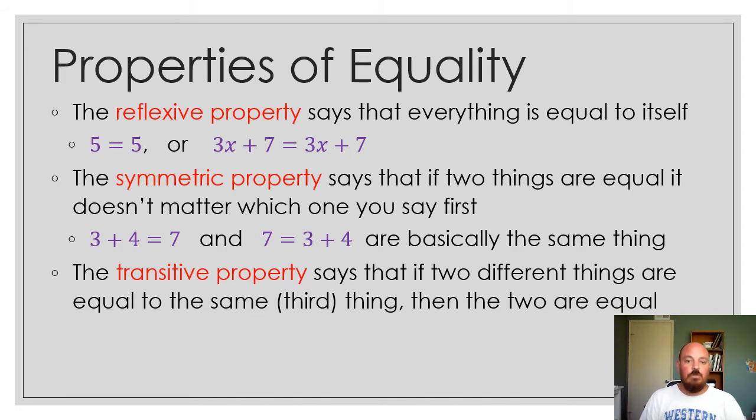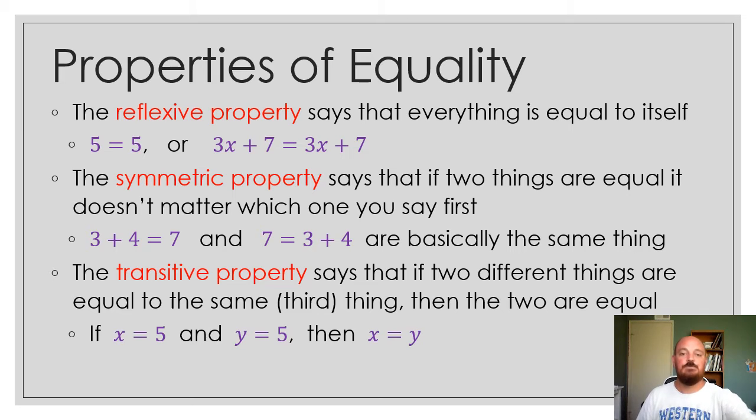And then finally, number three, we have the transitive property. And it says if two different things are both equal to the same thing, then they have to be equal to each other. This one maybe seems a little more confusing, but if you really think about it, it does make sense. If I have two things both equal to the same thing, the only way that can happen is if those two things were the same thing in the first place.